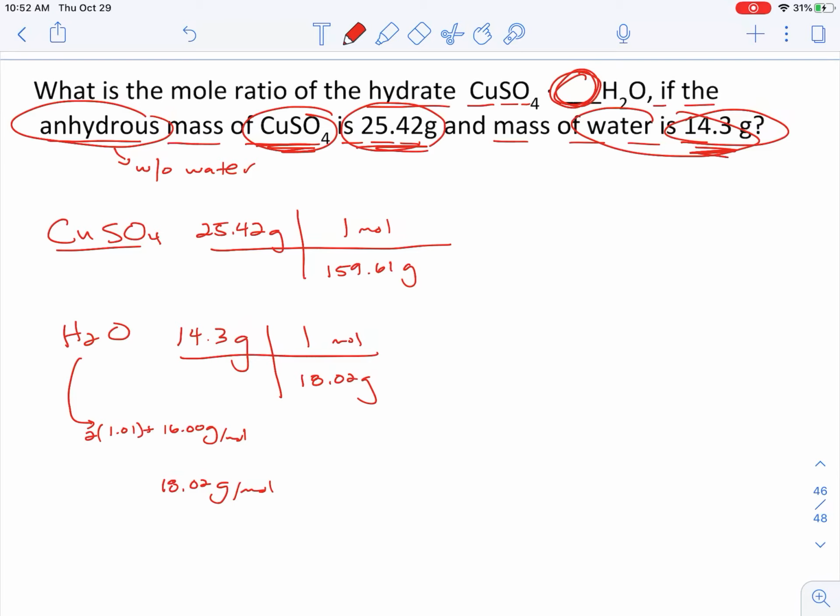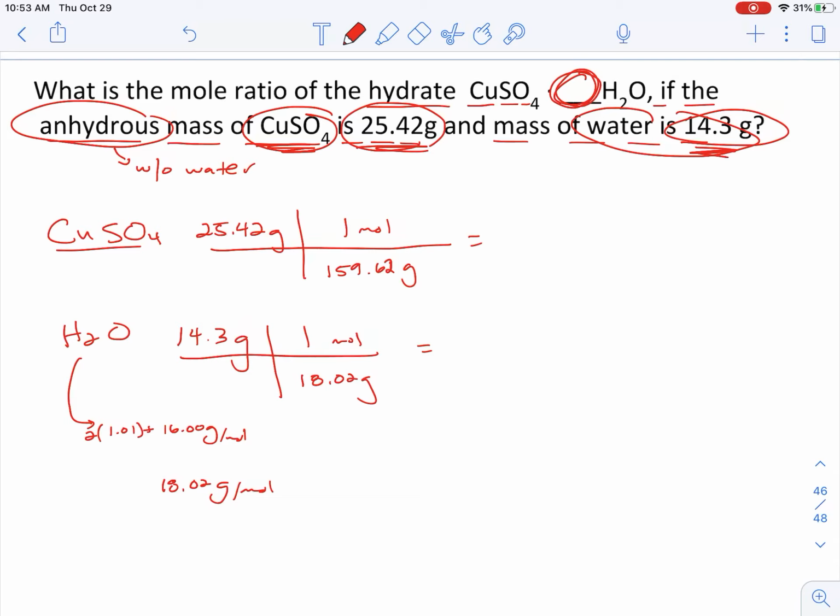So 4 times 16 plus 3. Yeah, I'm going to go with 159.62. So that's the molar mass overall of the copper sulfate. When you do that, you end up getting this calculation.